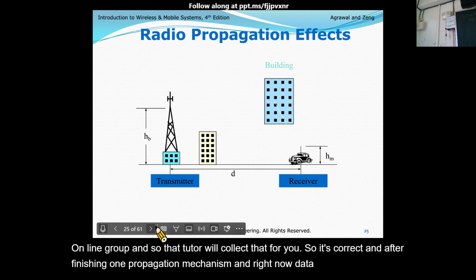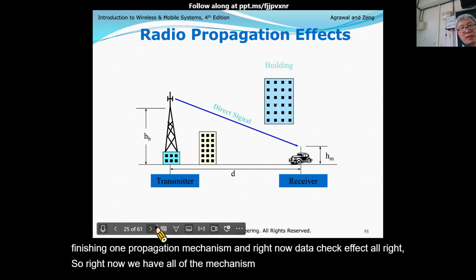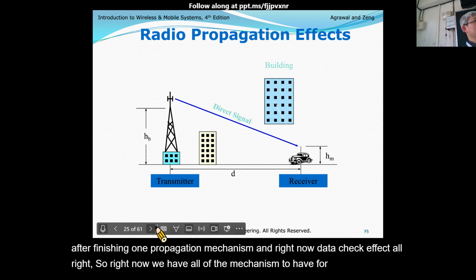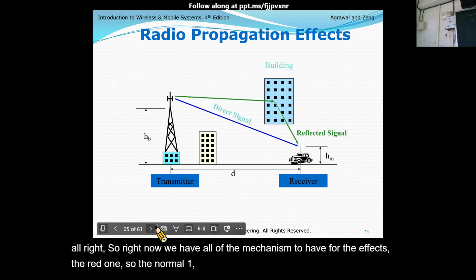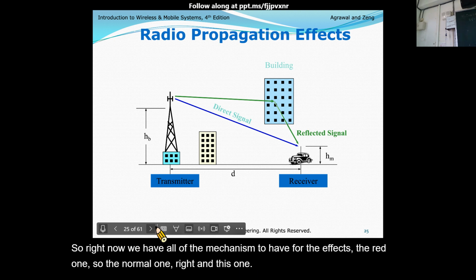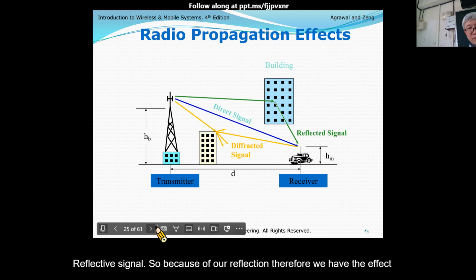All right, so right now we have all of the mechanisms to have the effects. The red one, the normal one, right? And this one, the reflected signal. Because of reflection, we have the effect from reflection.